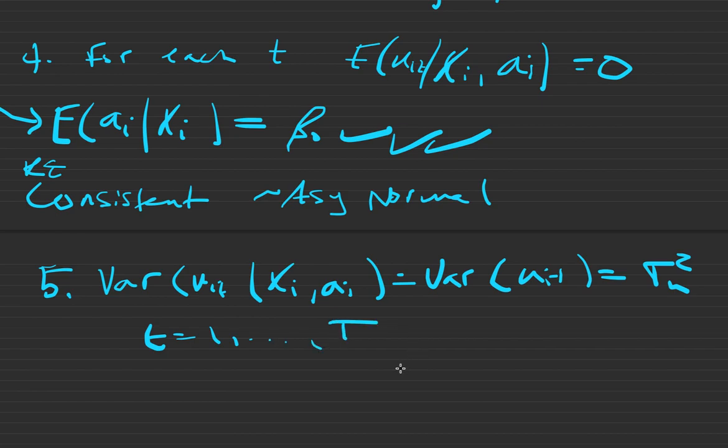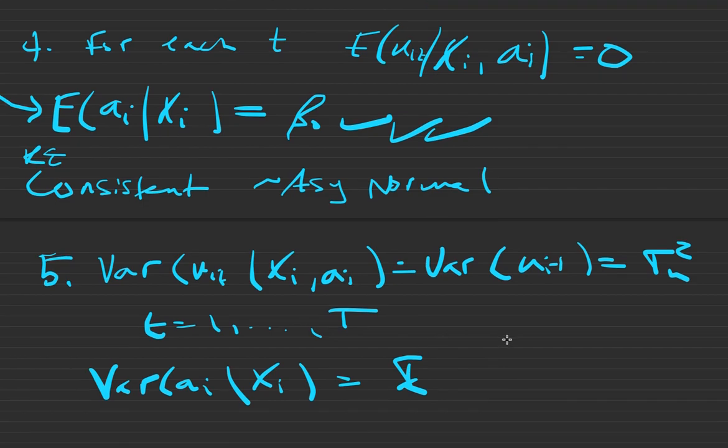So homoscedasticity, and we have to modify this one. The variance of a_i given all explanatory variables is also constant. So we have homoscedasticity in the errors.